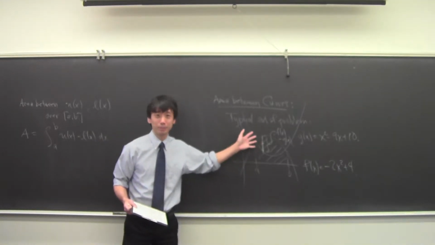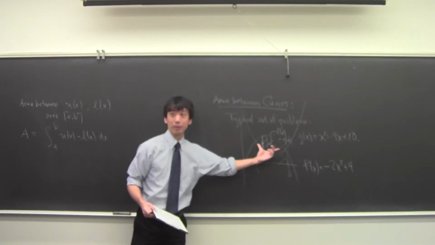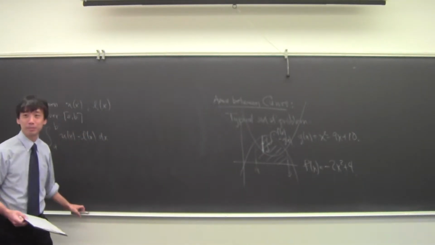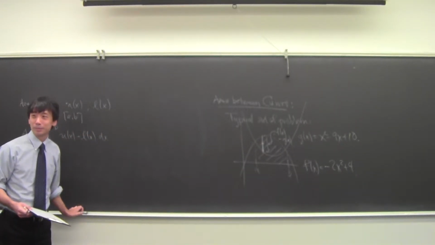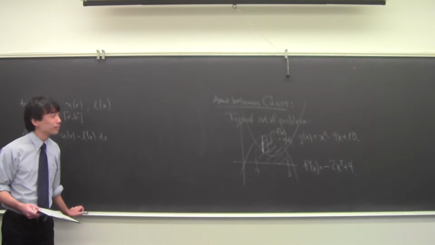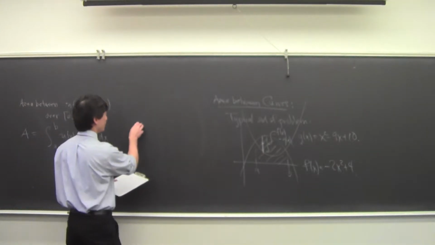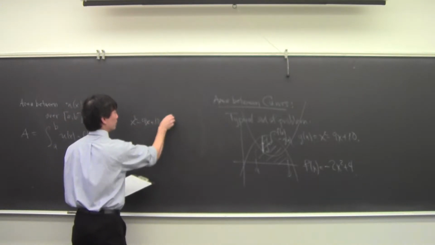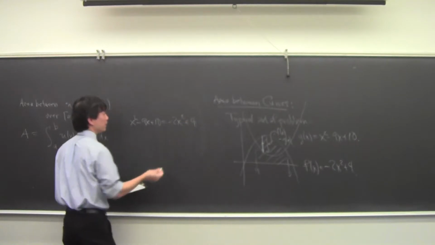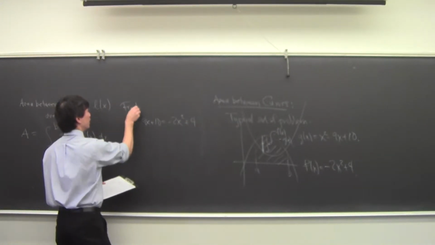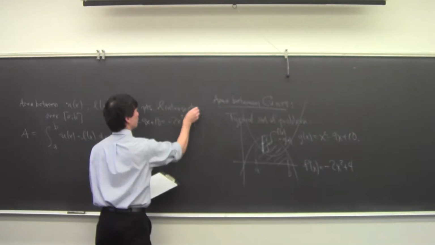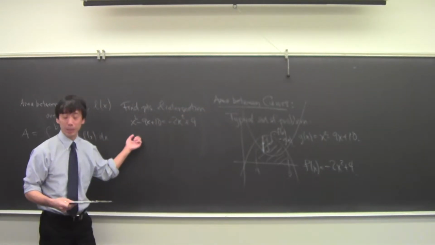Okay. Did somebody get somewhere on this? How do you get it? Well, you need to figure out the bounds of the integration, right? So who wants to tell us about it? Franco. Yeah, just say x squared minus 9x plus 10 equals negative 2x squared plus 4. So you find the points of intersection by setting them equal to each other.